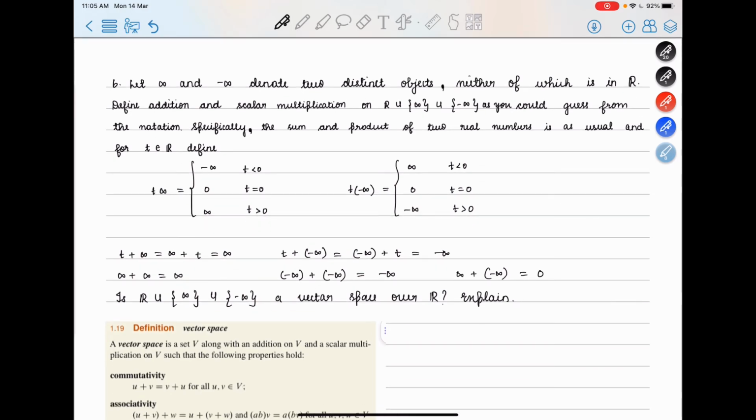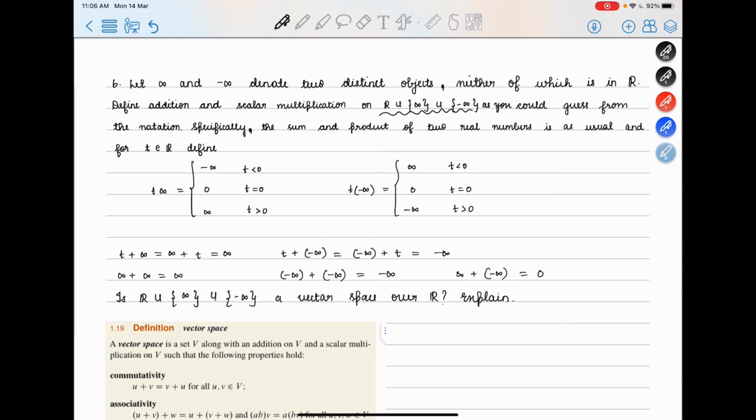Question number 6 says, let infinity and minus infinity denote two distinct objects, neither of which is in R. Define addition and scalar multiplication on R union infinity union minus infinity as you could guess from the notation. Here we can think of infinity and minus infinity as vectors, and all the entries in R will be scalars.